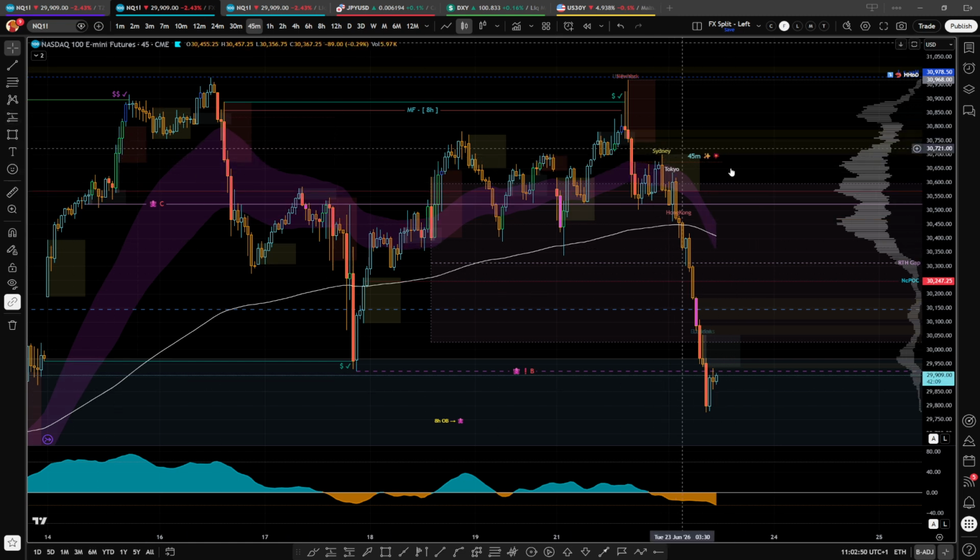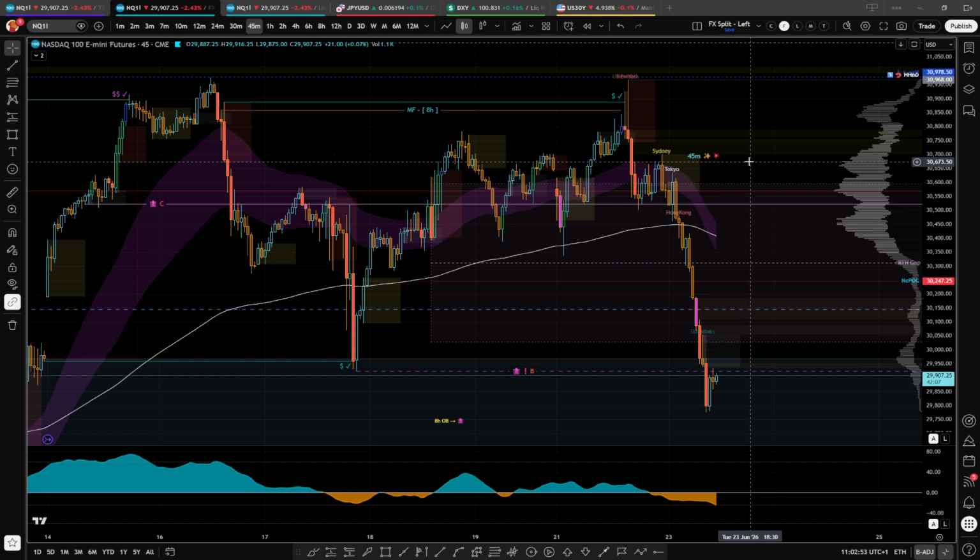Would not want to see 30,673 get hit, no matter what direction I'm playing, up or down, scalps or anything like that. This level here, it could come up and just barely tap it, but I wouldn't recommend taking shorts around here if I were you, or if I were me, which I am, so I won't.